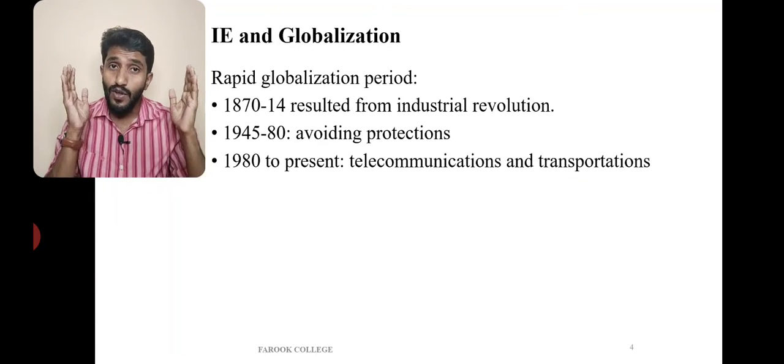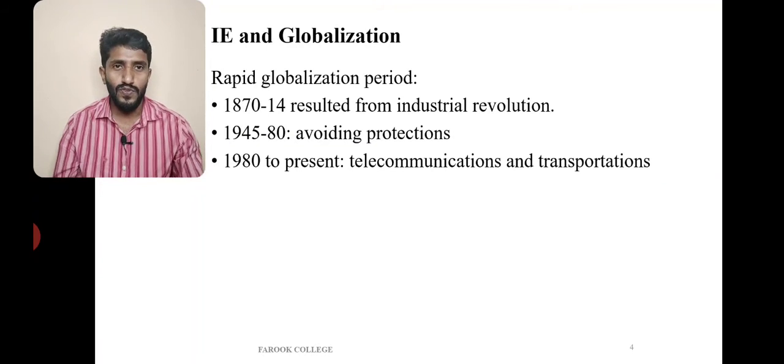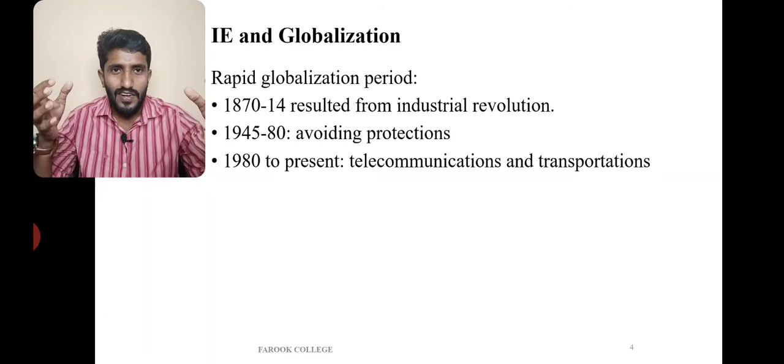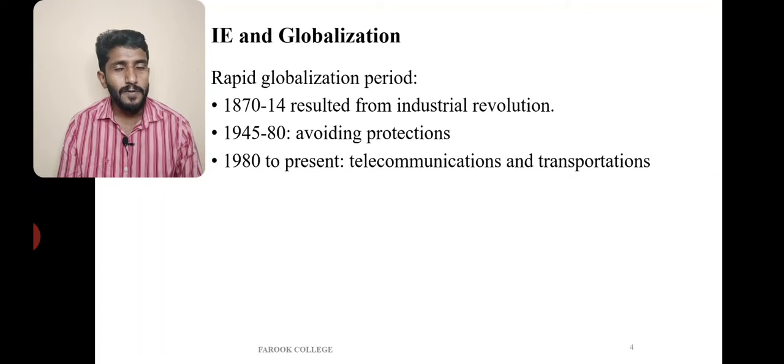But you should not understand that globalization is a very new term. It is a very old term, and people started talking about globalization in the 80s itself. And it is there in all periods, because when we talk about globalization, we are considering the globe as a village, right?